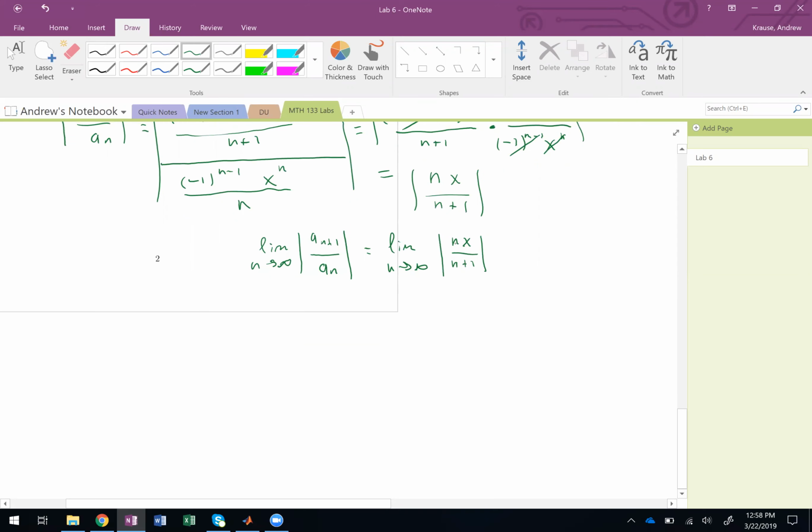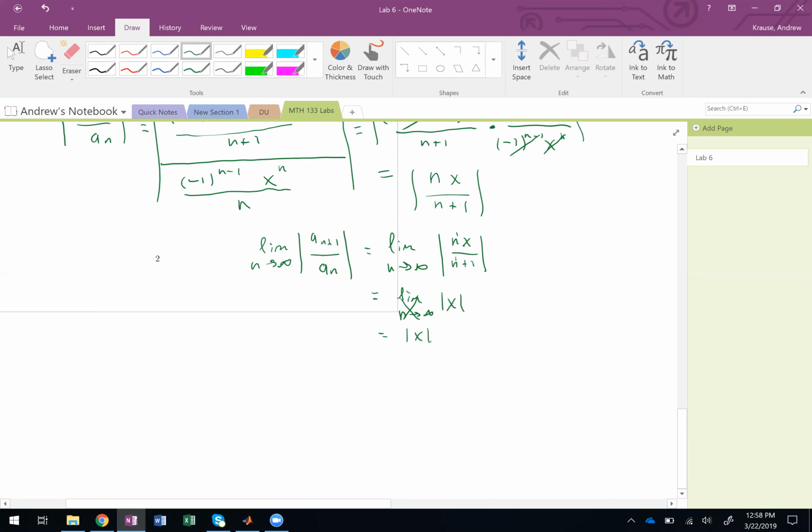If we have an n to the first power over an n to the first power, those powers are equal, so they just converge to 1. So the only part that remains after we take this limit is the absolute value of x.